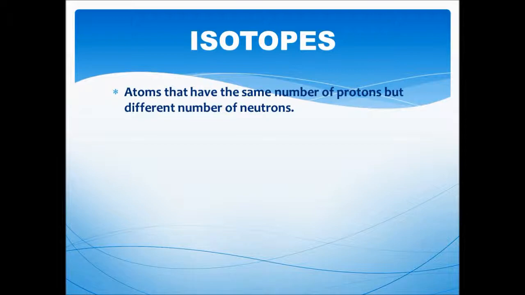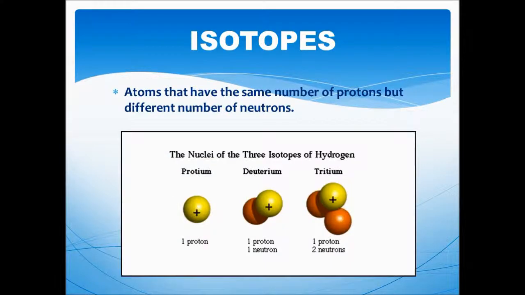Atoms that have the same number of protons but a different number of neutrons are called isotopes. One very popular example of isotopes is hydrogen. A hydrogen atom that has only 1 proton is called protium. The atom that contains 1 proton plus 1 neutron is called deuterium. And the atom that contains 1 proton plus 2 neutrons is called tritium.